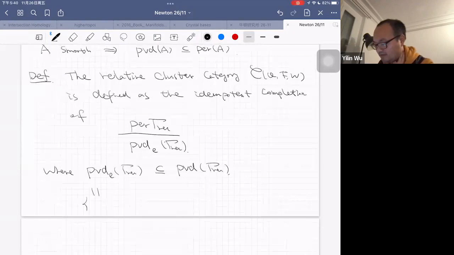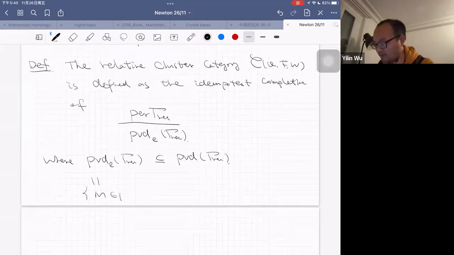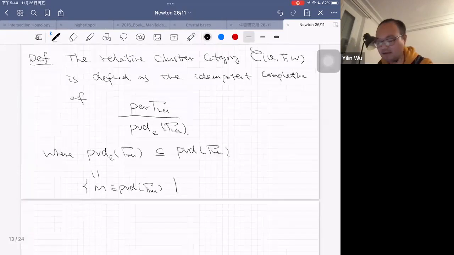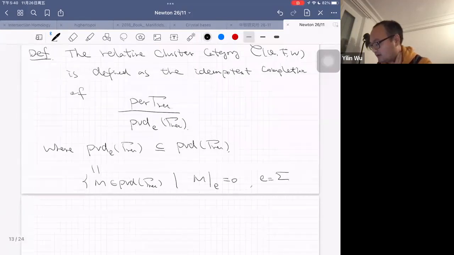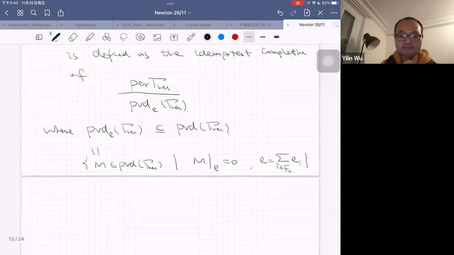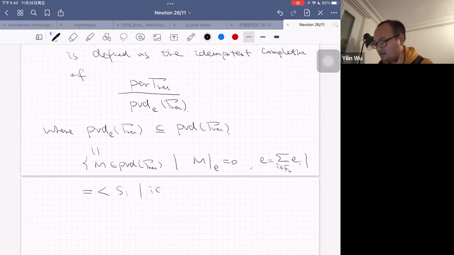It is defined by objects M in the perfect valued derived category such that M restricted to the frozen part is 0, where E is the sum of the frozen idempotents. In other words, this category is generated by the simple modules in the unfrozen part, the thick subcategory.